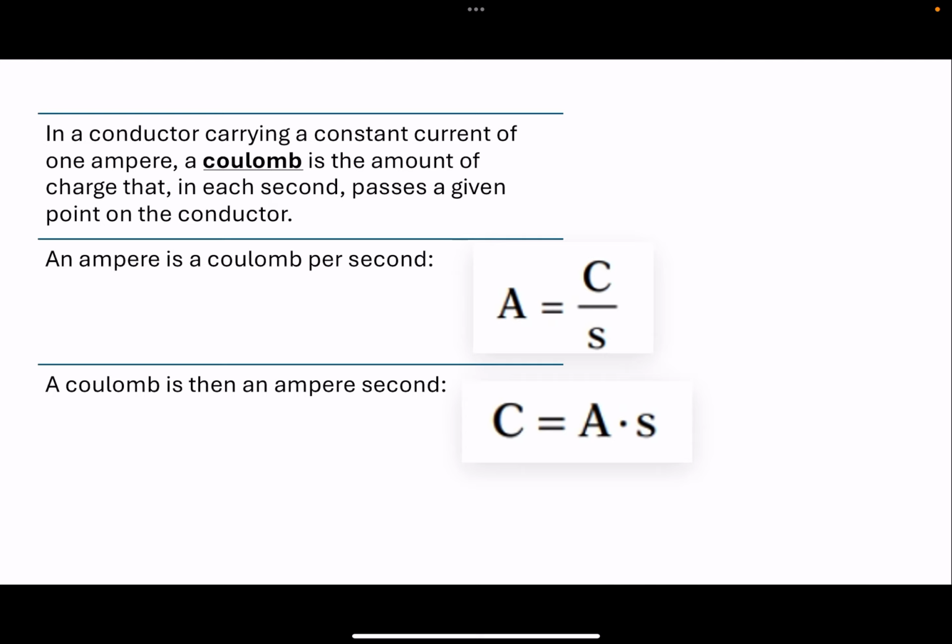Now this can be confusing since we're defining amperes as coulombs per second, and then coulombs become ampere seconds. It seems like coulombs are moving things, right? But if a coulomb is on the move, it's called current, and we would measure it in amperes. That is why point charges are measured in coulombs. It's a measure of electric charge, whether it is still or moving.